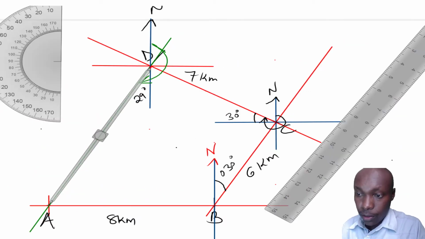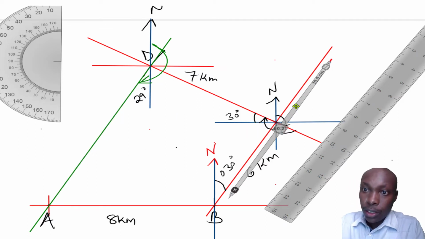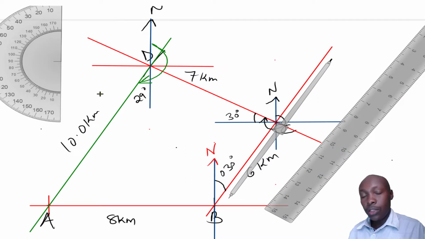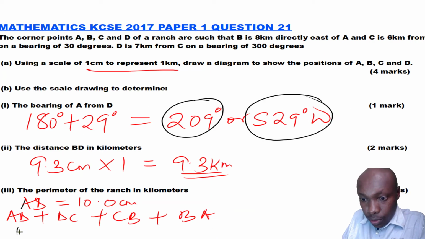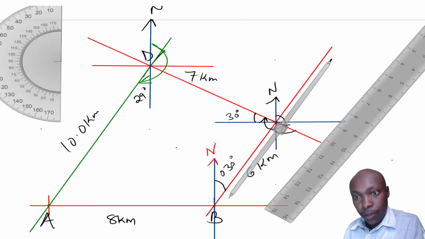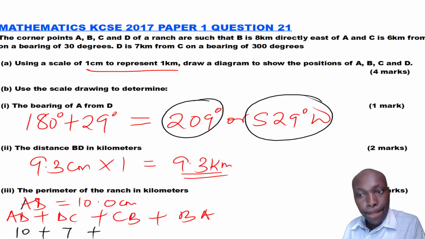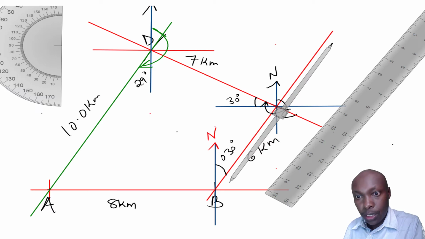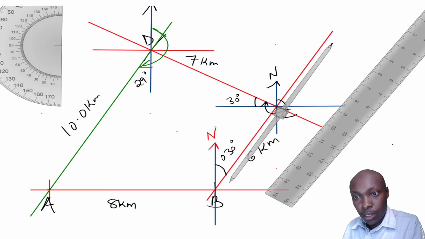AD, this is what we've just obtained right now. This distance here is 10.0 kilometers, so we can add 10.0 plus DC is 7 plus CB is 6 plus BA is 8.